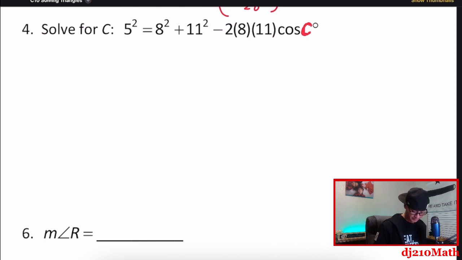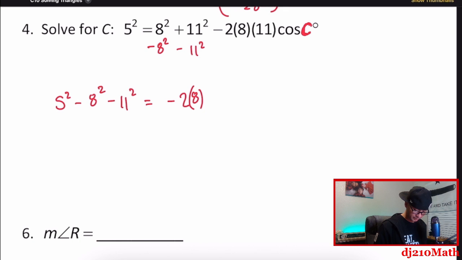Truly doesn't matter. So I want to subtract 8 squared and 11 squared from both sides. So we get 5 squared minus 8 squared minus 11 squared equals negative 2 times 8 times 11 cosine big C.